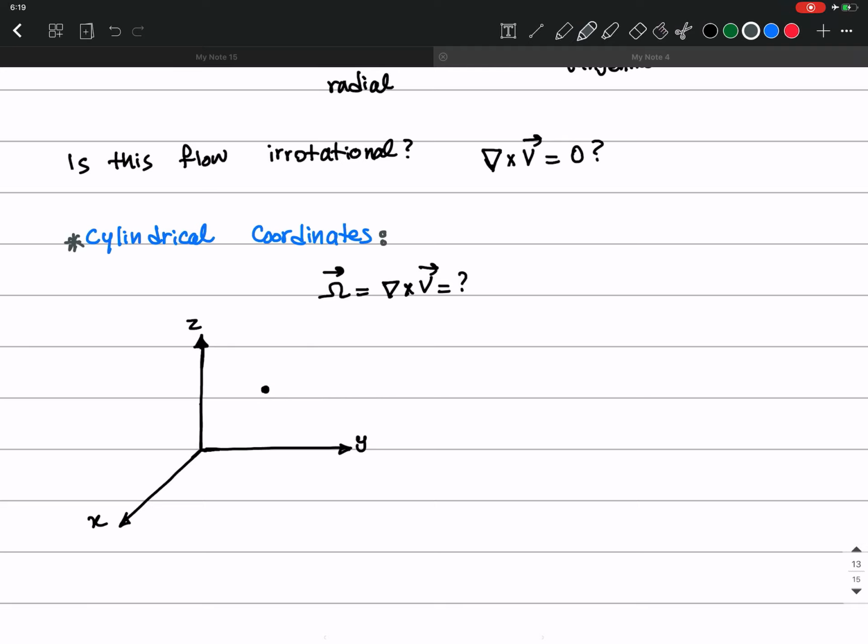Let's say it is here. The first thing to note is that z is the same in both coordinates, so you just come down to the xy plane, and this gives us the z coordinate.